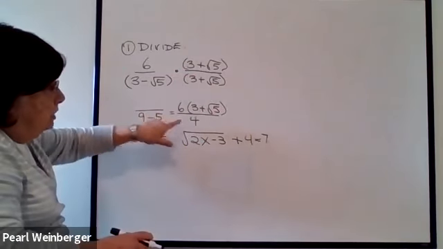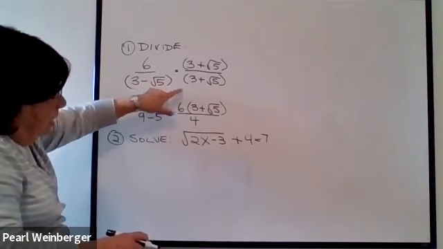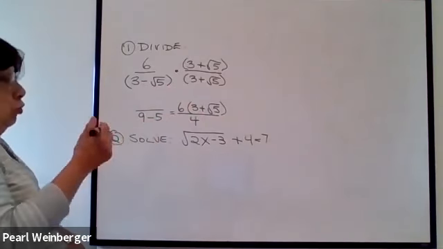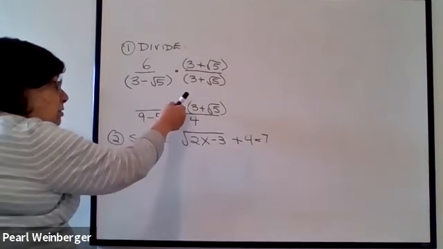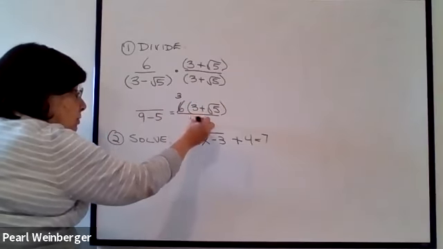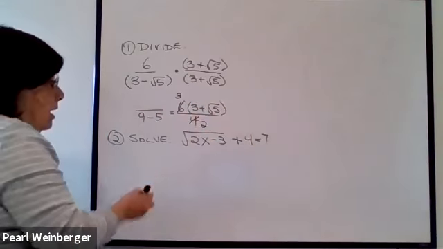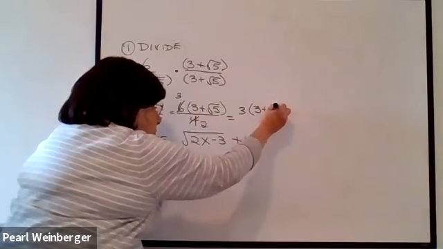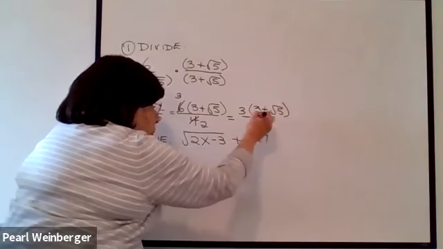Notice I do see the 6, which is a monomial, and the 4, which is a monomial, could be reduced. I could divide this by 2 and get 3, and this by 2 and get 2. And then I could leave my answer as 3 times (3 plus radical 5) all over 2.